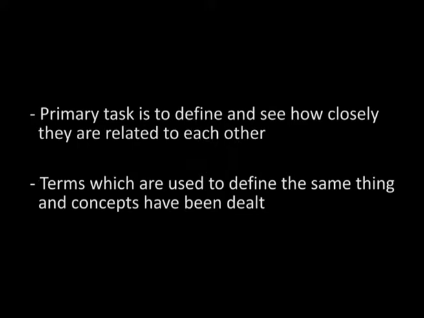Apart from this, the various other terms which are used to define the same thing and concepts have been dealt with more closely. The major concepts and categorization dealt with include the evaluation of work in an industry or as a social activity, and various terms relating to the subjective experience of certain work roles.